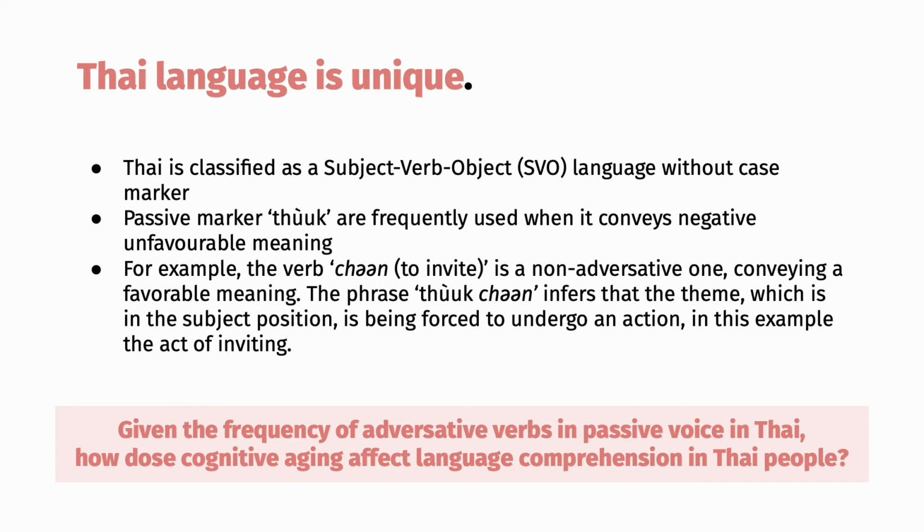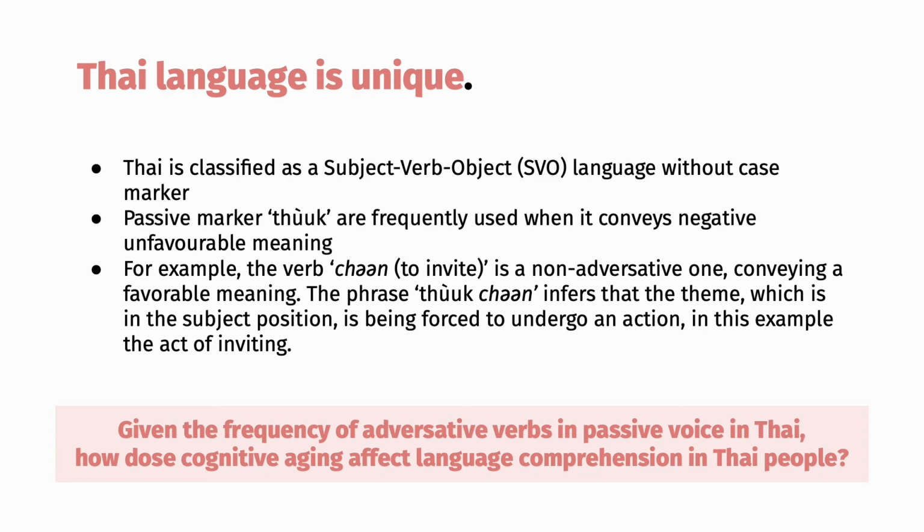On the other hand, for example, the verb เชิญ to invite is a non-adversative one, conveying a favorable meaning. The phrase ถูกเชิญ to be invited infers that the theme, which is in the subject position, is being forced to undergo an action. Passive sentences with adversative verbs in Thai are passive bias verbs.